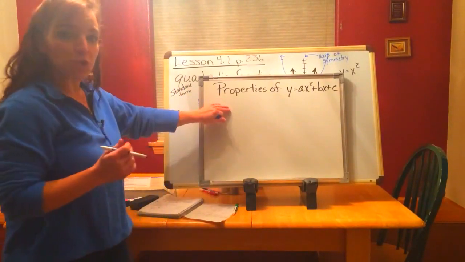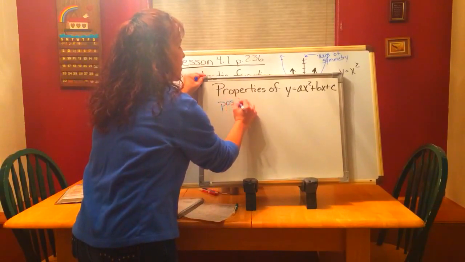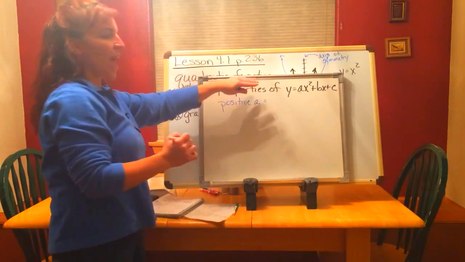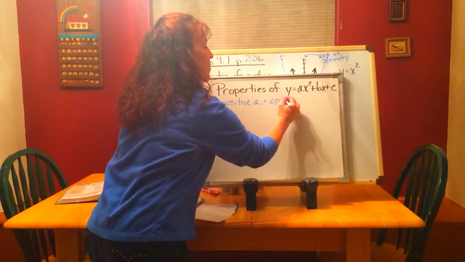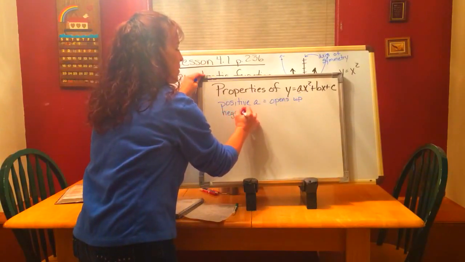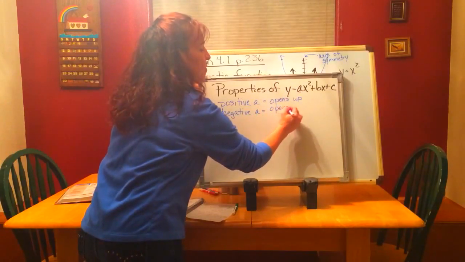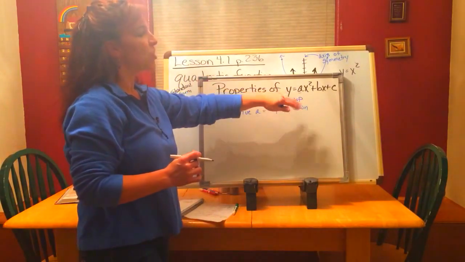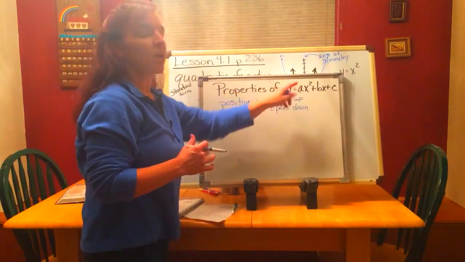The first property is that if you have a positive A, then our parabola opened up, whereas when it was negative, our parabola opened down. So you can look at an equation in standard form and quickly and easily see whether that parabola is going to open up or down. Simply look at your A value.